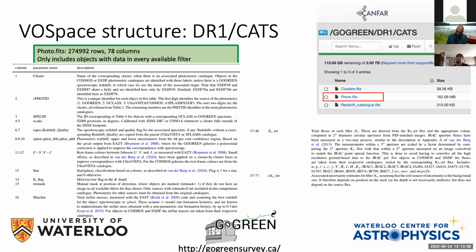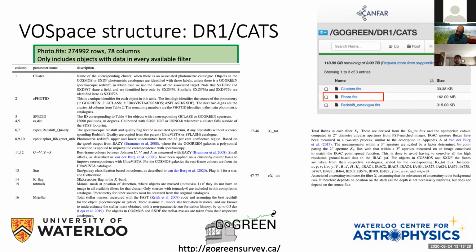I say this is a conservative subset because we're only including things in here that have data in all of the filters available for that cluster. So for example, our IRAC imaging for many of our clusters is over a smaller field than much of the data.